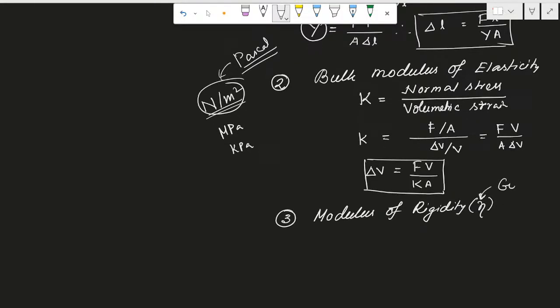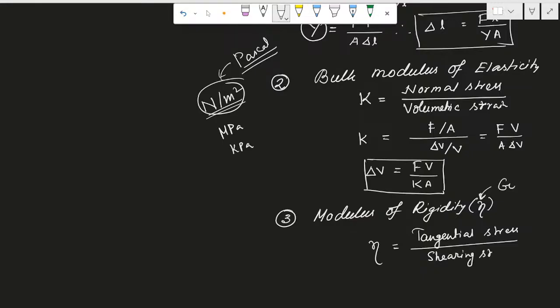So rigidity modulus is the ratio of tangential stress to the shearing strain. This is the only modulus that deals with shear and tangential stress. So eta is equal to tangential stress by shearing strain.